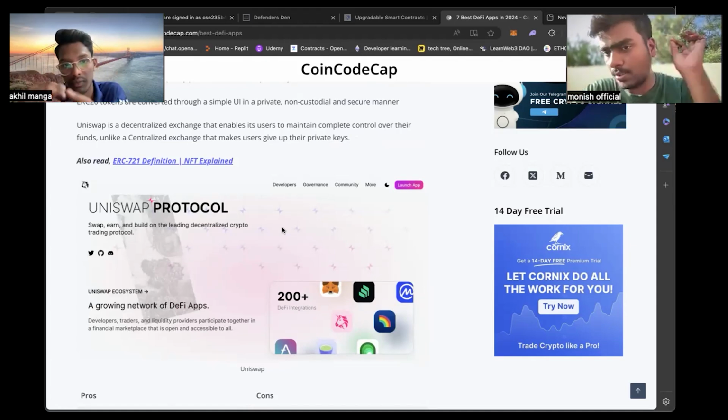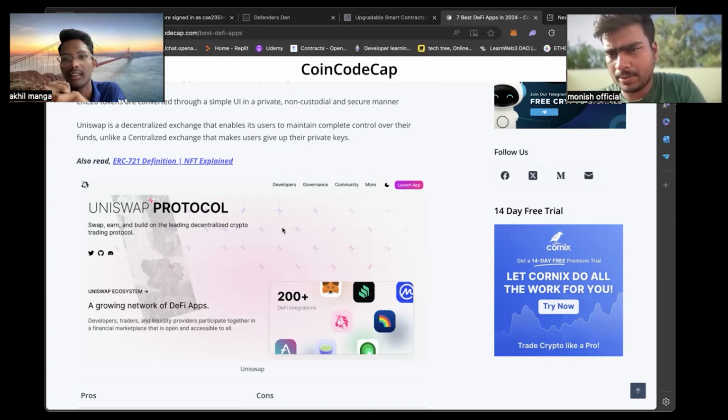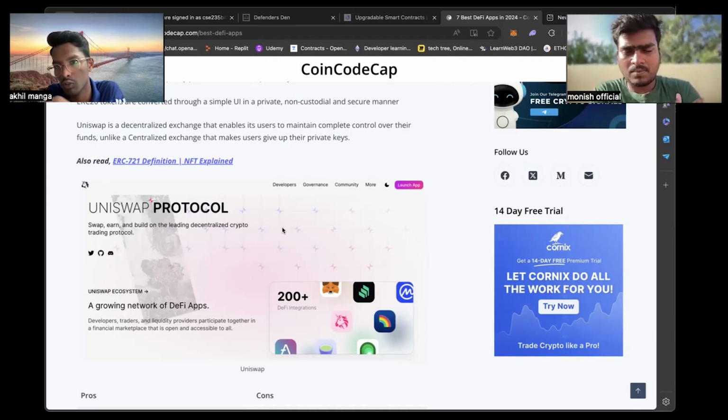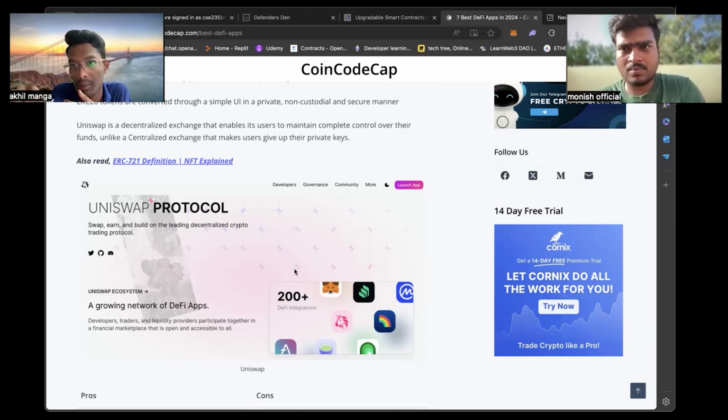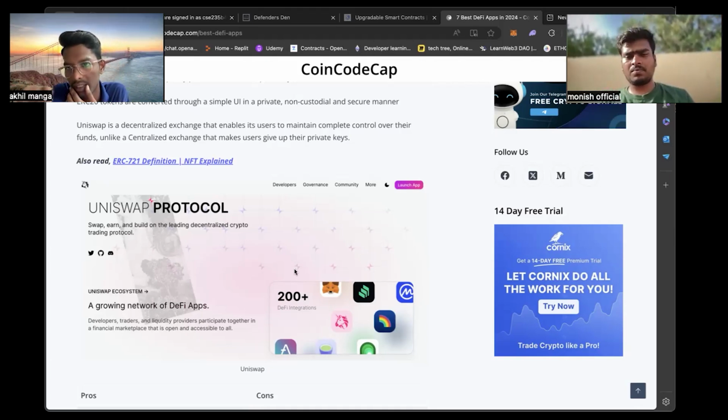There are different types of stablecoins, USDC, USDT, and different types of tokens, ERC20 tokens. ERC20 means Ethereum Request for Comment 20 token. Those are created by Ethereum core developers and contributors of the Ethereum community.